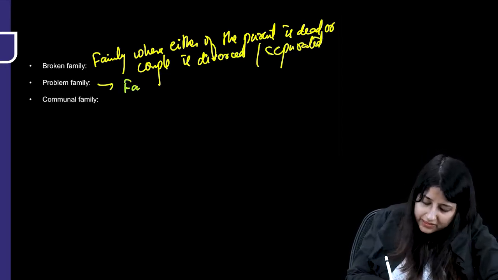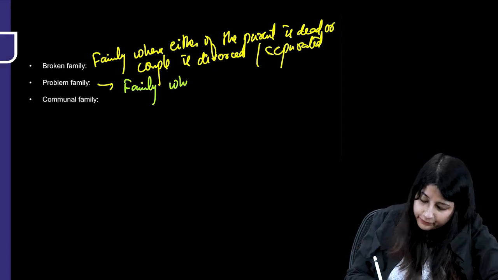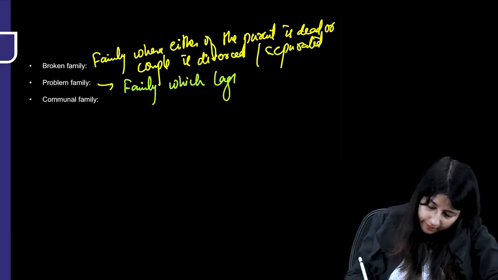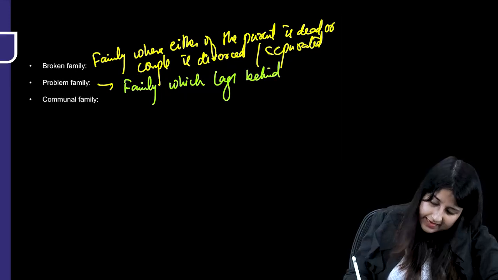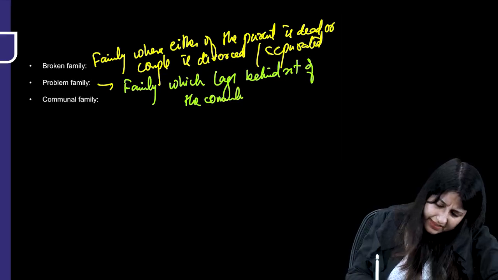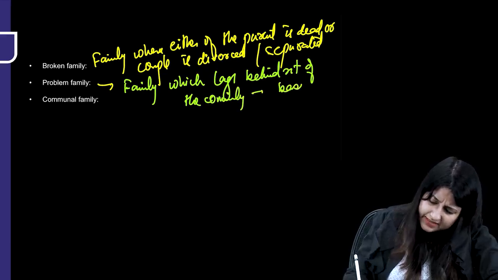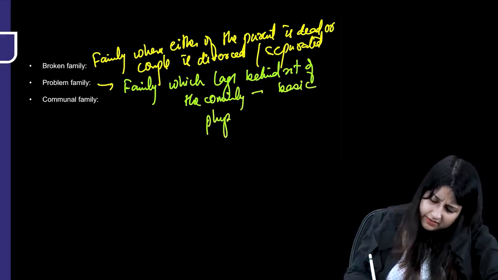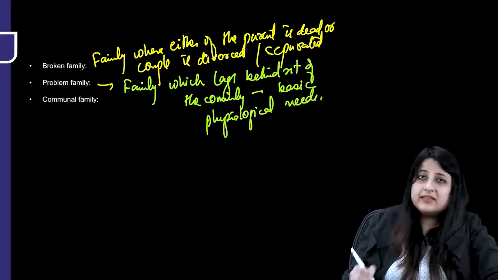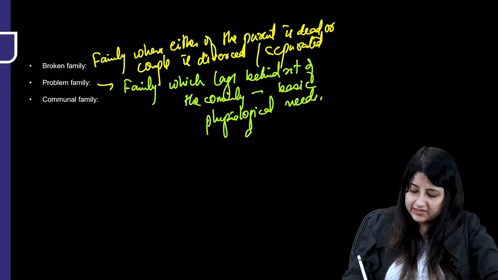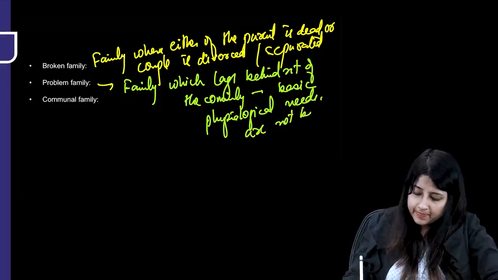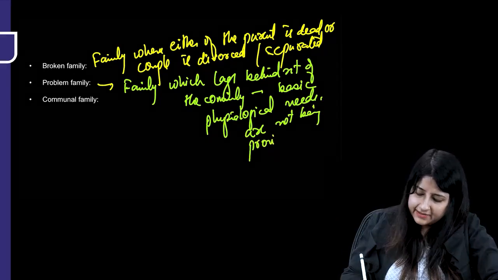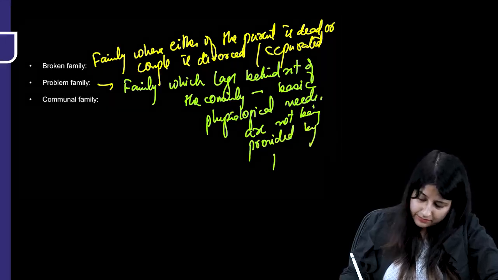What is a problem family? A family which lags behind the rest of the community. What do I mean by this? It means that the basic physiological needs, the love, security, are not being provided by parents.